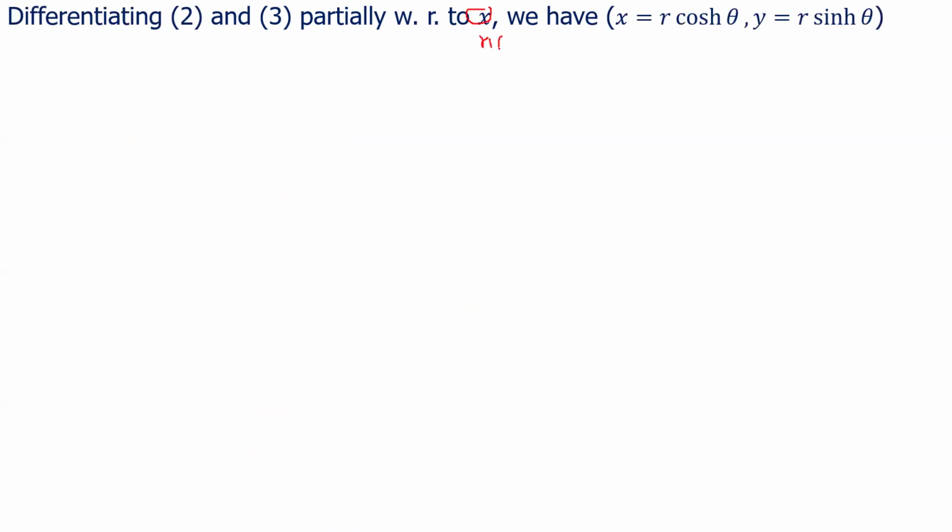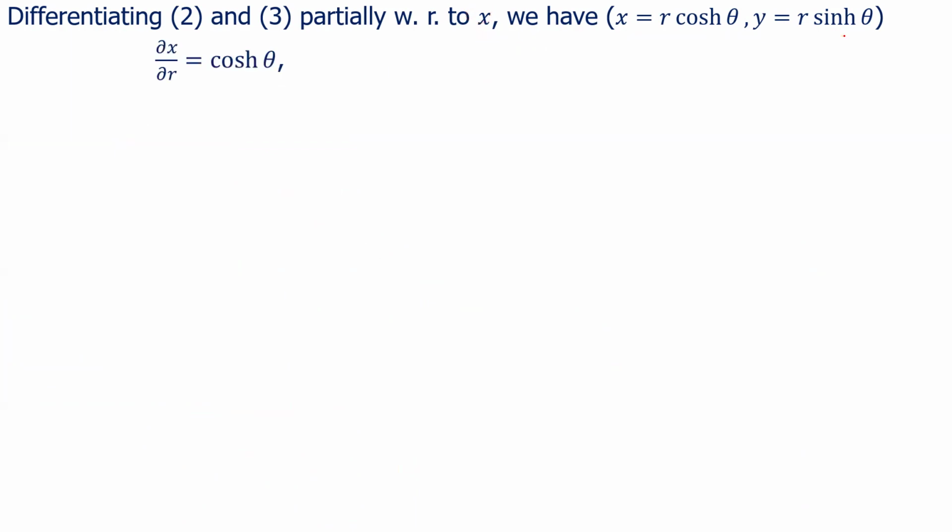So differentiating 2 and 3 partially with respect to r and theta, not x, it is r and theta. We have x is r cosh theta, y is r sinh theta.